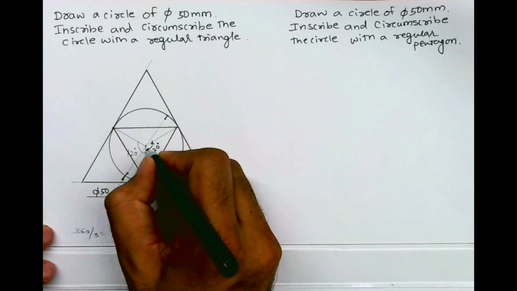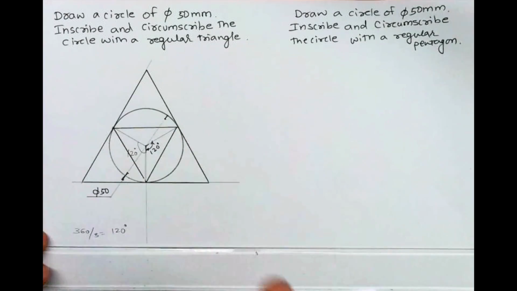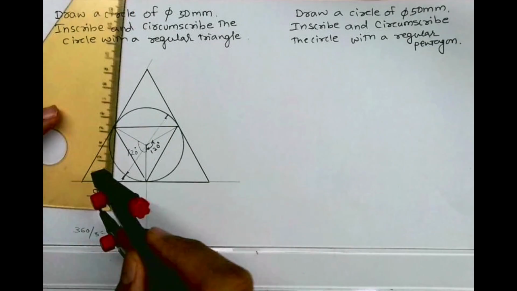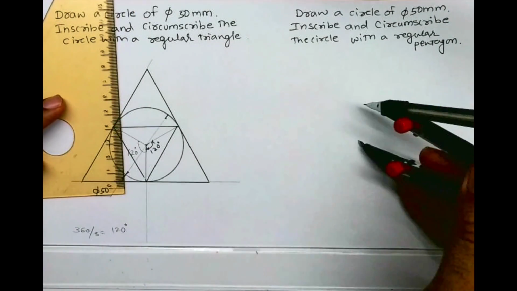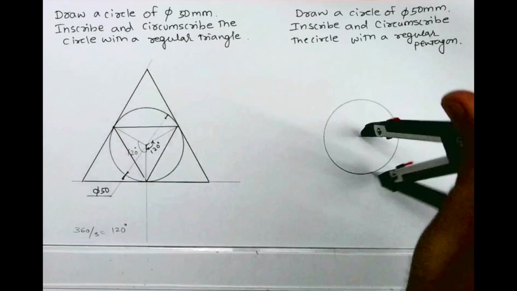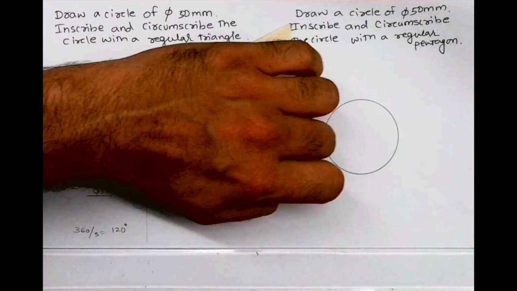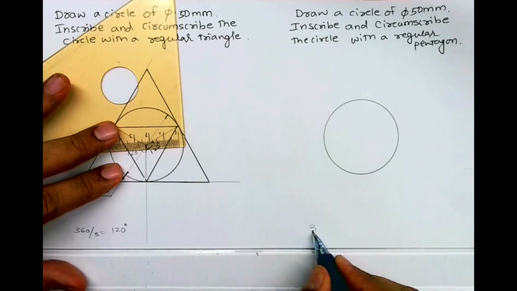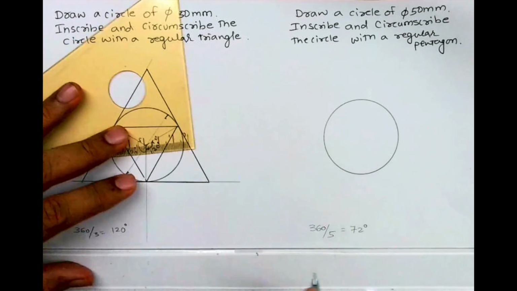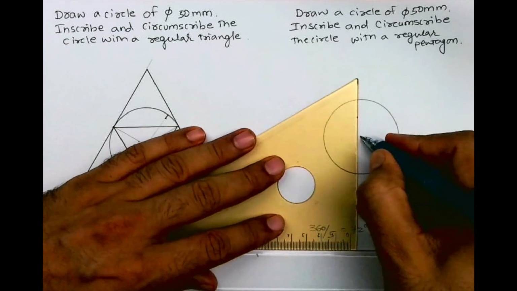So all of you understood? When you want to draw 3 parts, we'll do 120. When you want to do 5 parts, because we have to do a pentagon, then next time you draw a circle of radius 25 and then you divide that circle into 5 parts. So 360 divided by 5 would be 72 degree. So we'll mark 72 degree. We'll draw a vertical line.